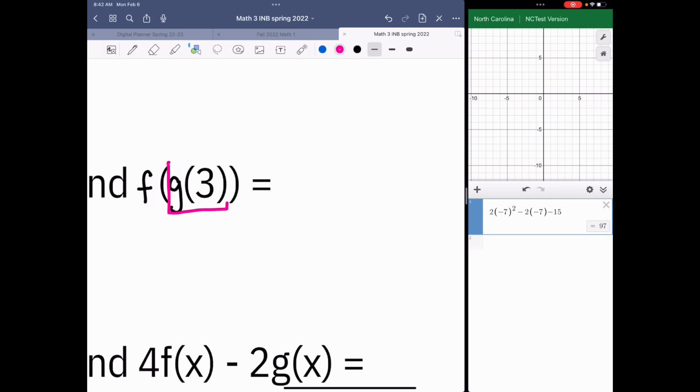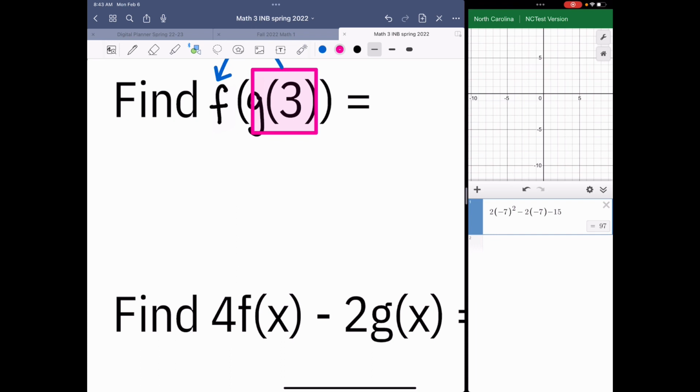We're going to take our G function and plug 3 in, and then once we plug 3 into G, we're going to get an answer and plug that into F. So I'm going to start by finding G of 3. For G of 3, remember it was 2x squared. So this is going to be 2 and then 3 squared.